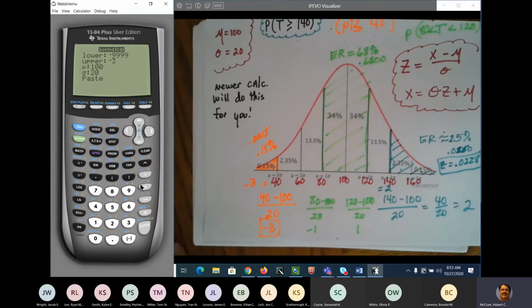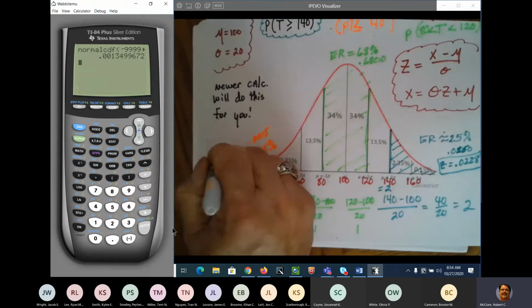And I said it would come out to be 0.0015. Oop, I'm going to change that to 0 and 1 because we got an old calculator. Enter. 0.0013.